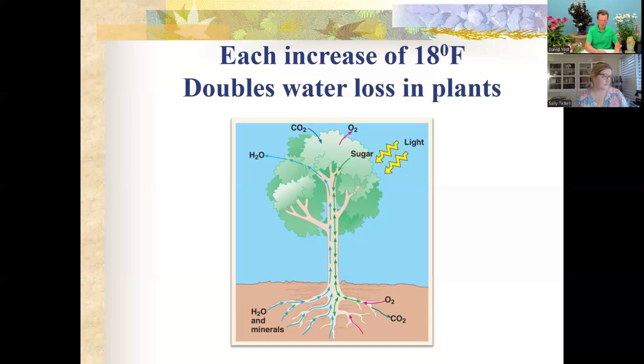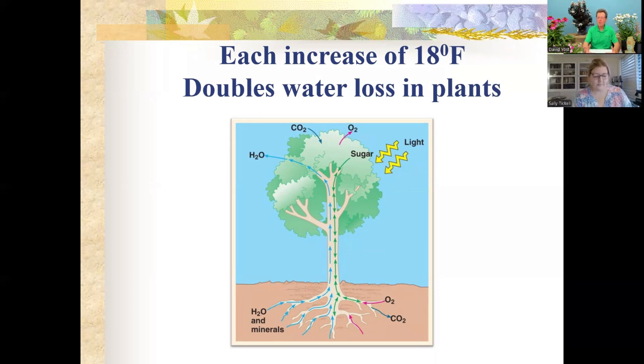So heat and drought are separate, but closely interrelated kinds of stresses that we see on plants. The more water is the obvious thing. But the other thing that happens is that as water is diverted to helping cool the plant, there is less water available for photosynthesis, less food production.